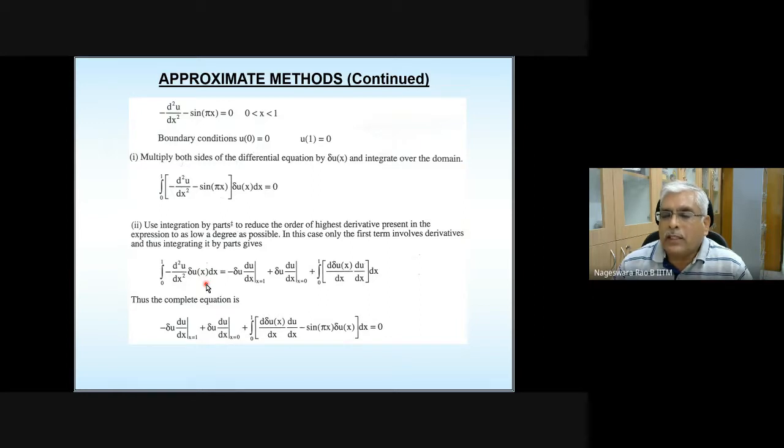Is it clear? After that, in the next step, if you want, you can completely shift the second derivative to variation of u, which is also possible. So now I want to shift 1 derivative to variation of u.